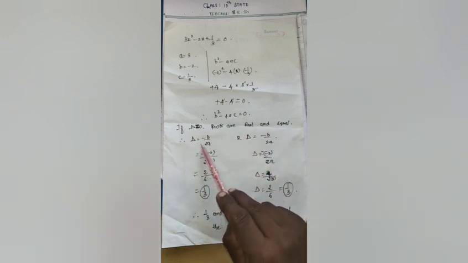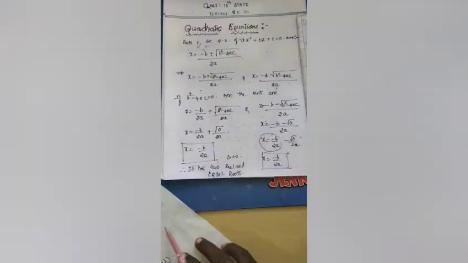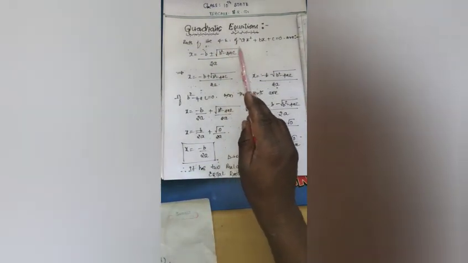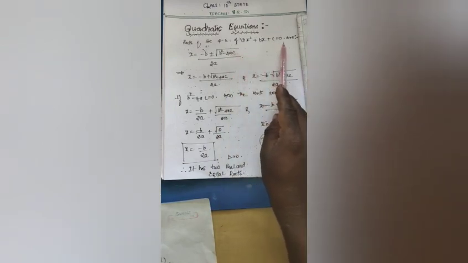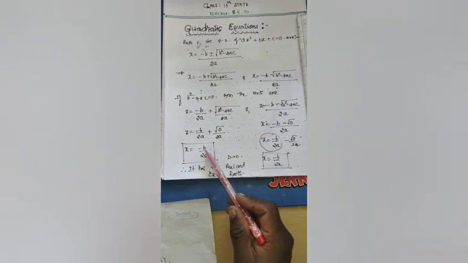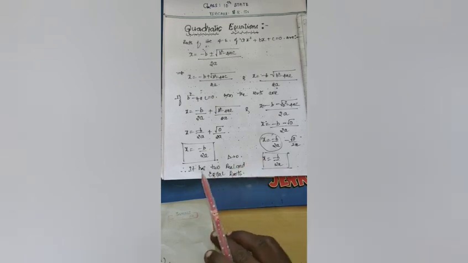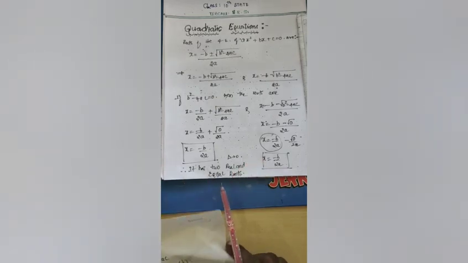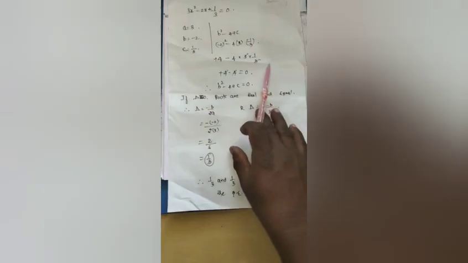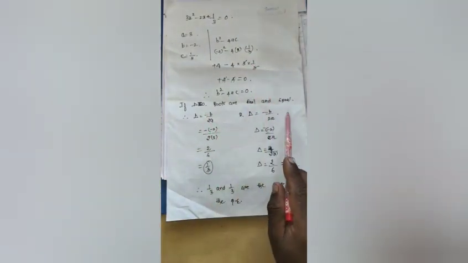Therefore the roots are x equals minus b by 2a and x equals minus b by 2a, according to the last condition. The roots of the given equation ax square plus bx plus c equals 0, that is x equals minus b by 2a and x equals minus b by 2a, are the real and equal roots of the given quadratic equation. So if delta is equal to 0, roots are real and equal, right?